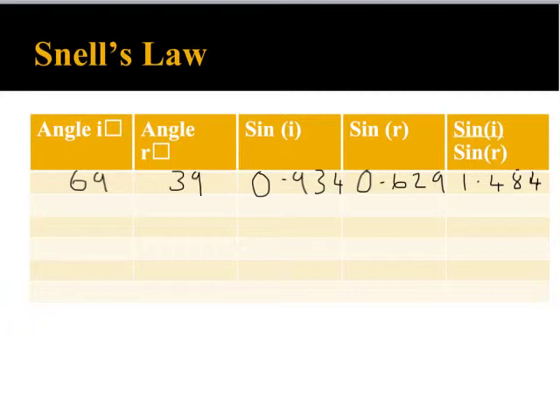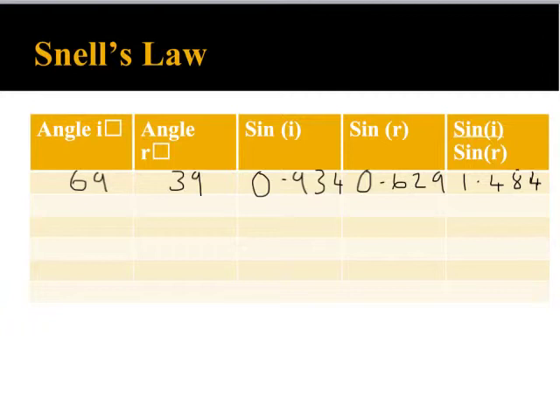So if you think back to the previous slide where the refractive index of glass was 1.5, if I'd not rounded to 3 decimal places and been lazy, I probably would have come out with 1.5, i.e. what we've got here is glass.